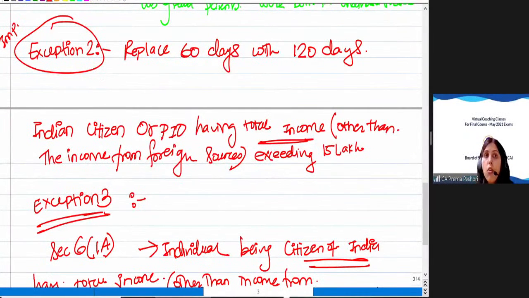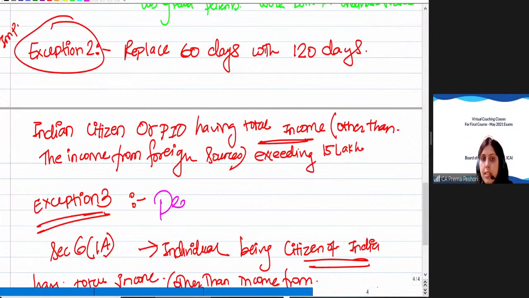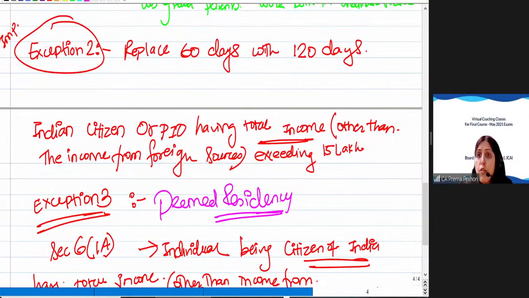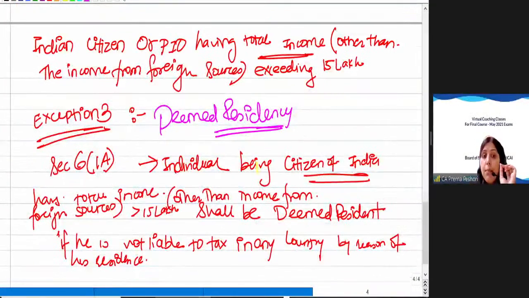And third exception is called deemed residency. Now, what does this provision say? That if an individual who is citizen of India, who is not liable to tax in any country by reason of his residence, and if his total income exceeds 15 lakh, then irrespective of the number of days of stay, he will be considered as deemed resident in India.